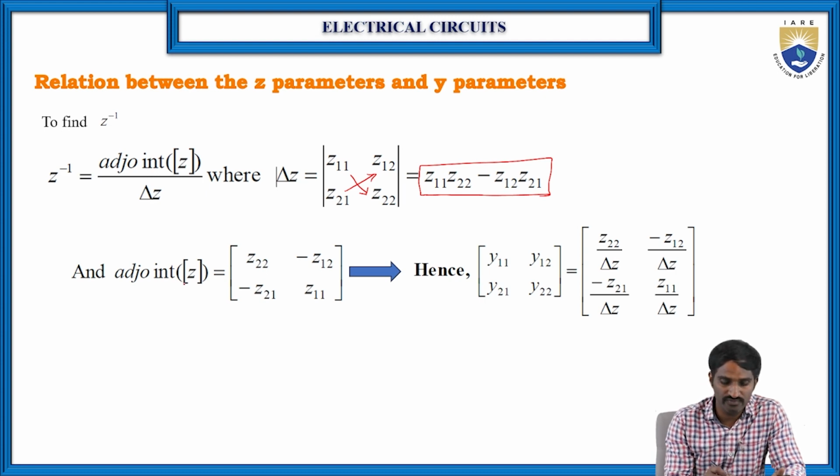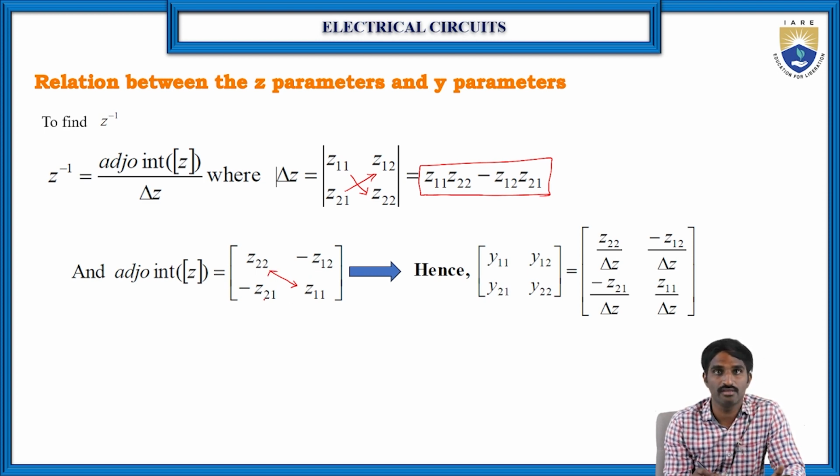Then the adjoint of z, as we know, is obtained by interchanging the diagonal elements. In this matrix, we have just interchanged z11 and z22, and we give the minus sign to the off-diagonal elements. So you know already how to find the adjoint matrix in a matrix.